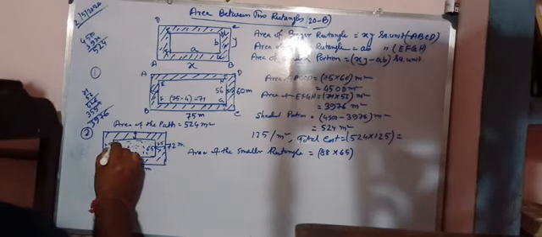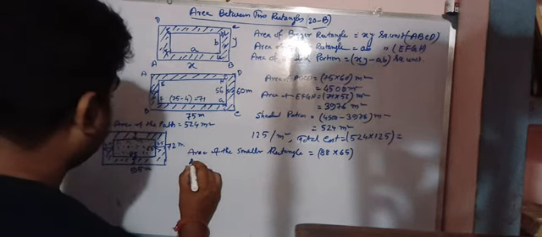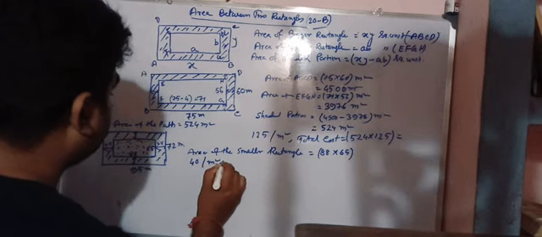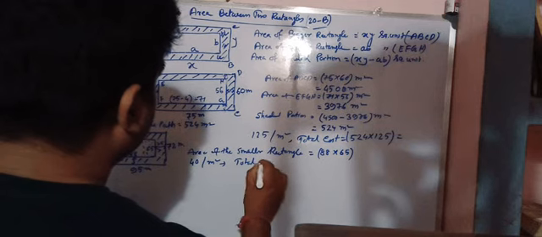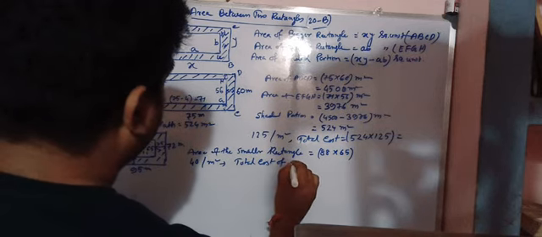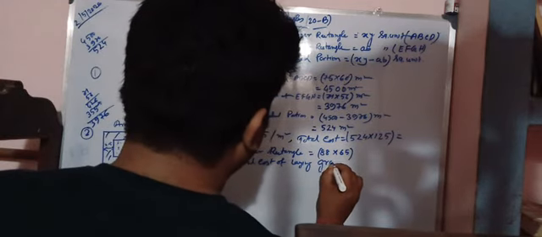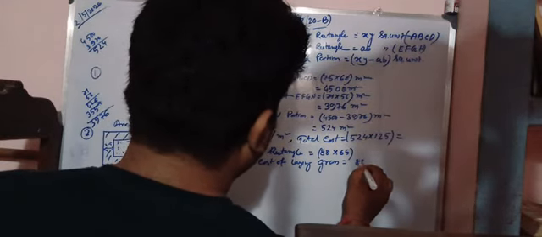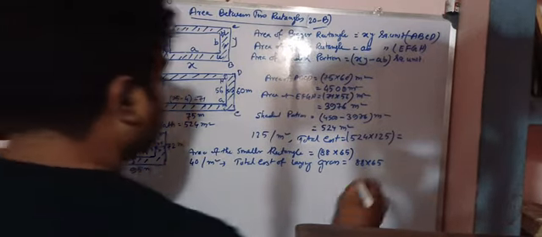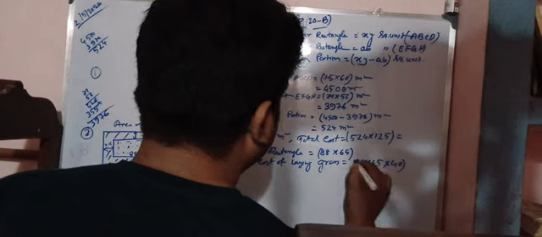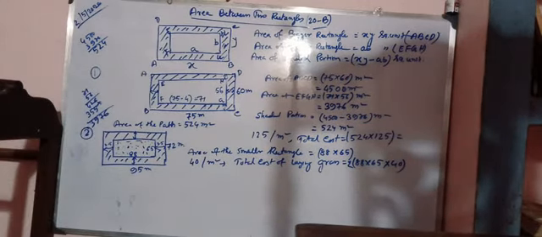So the total cost of laying grass is equal to 88 into 65 into 40 rupees. Understood?